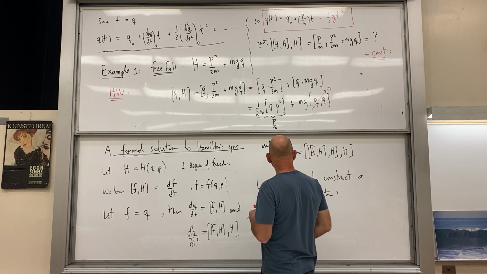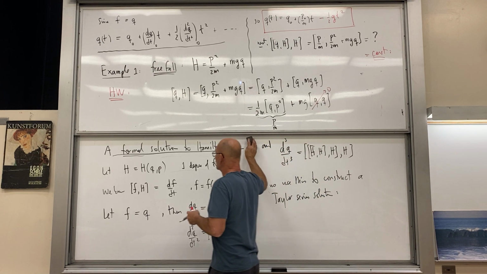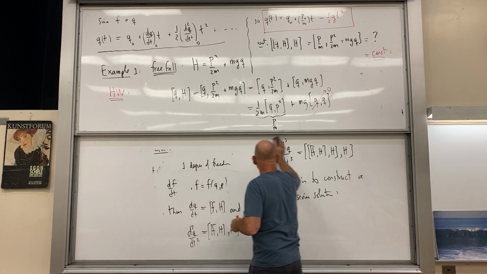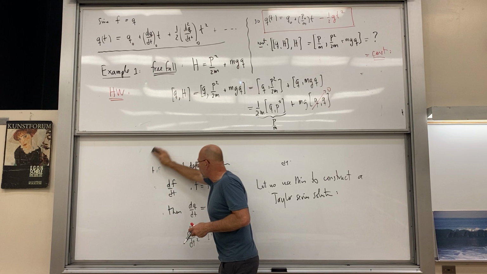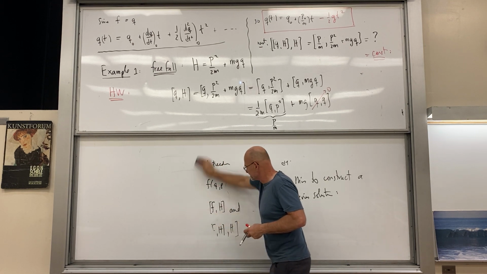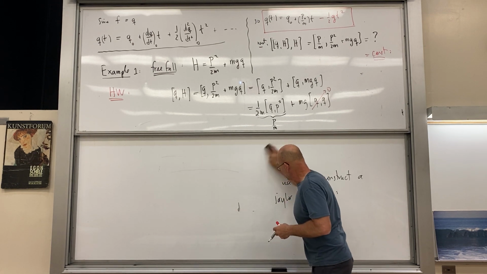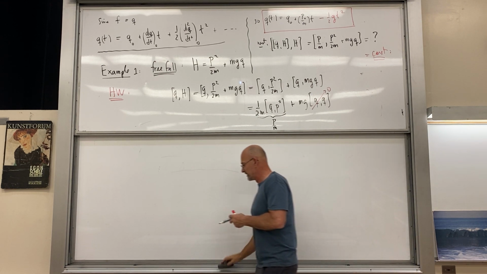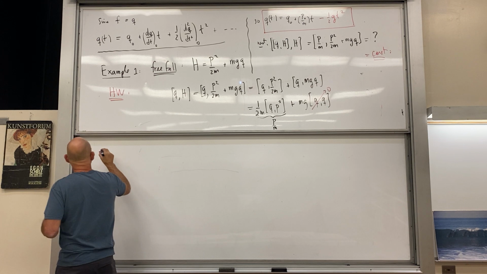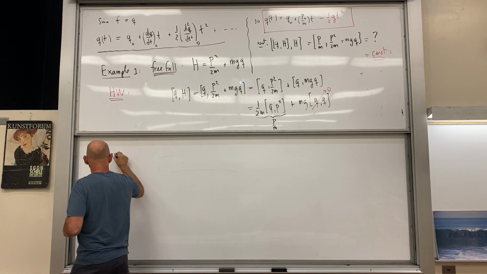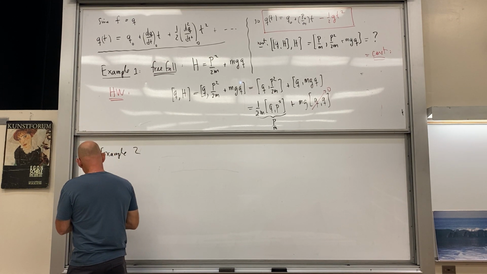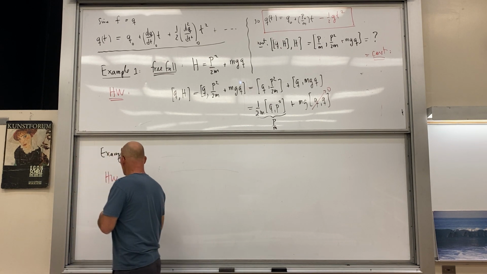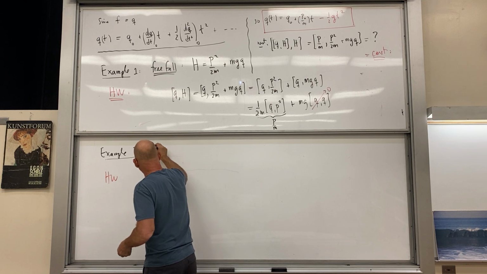So our second example is going to be the harmonic oscillator. We'll use P and Q again. Also homework.